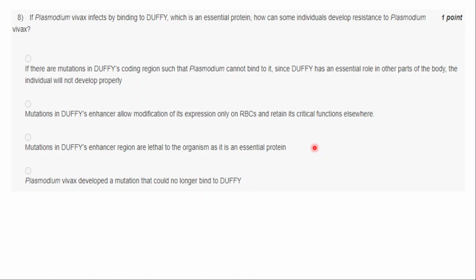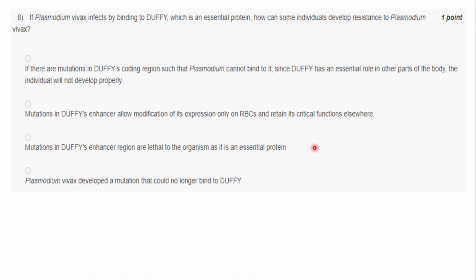Options are: A, if there are mutations in Duffy's coding region such that Plasmodium cannot bind to it, since Duffy has an essential role in other parts of the body, the individual will not develop properly. Option B: mutations in Duffy's enhancer allow modification of its expression only on RBCs and retain its critical functions elsewhere.